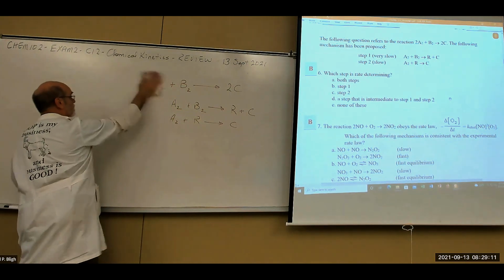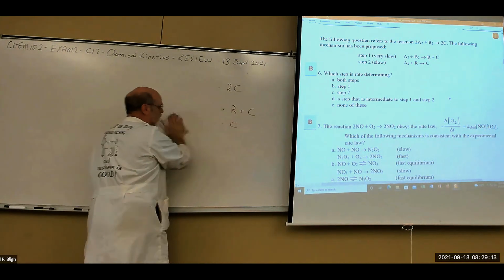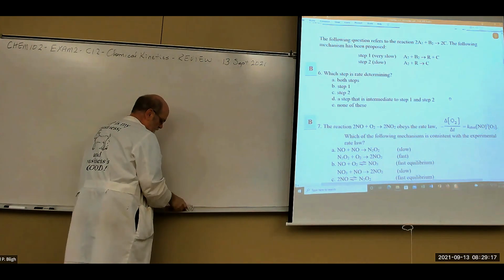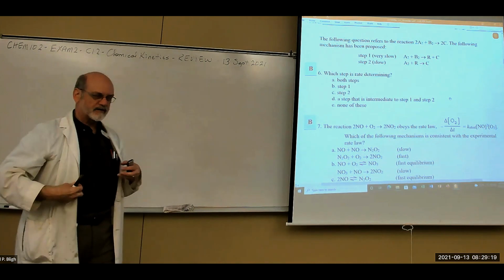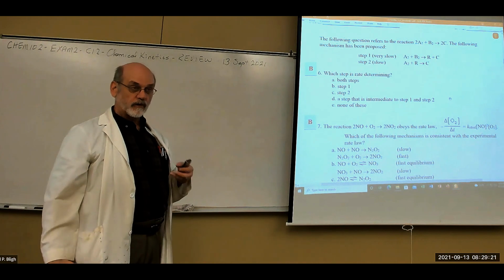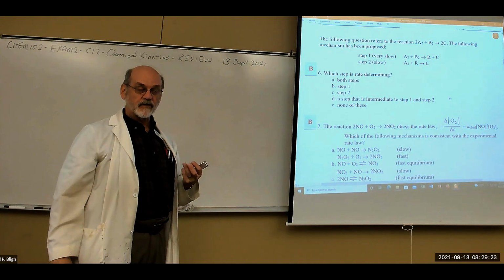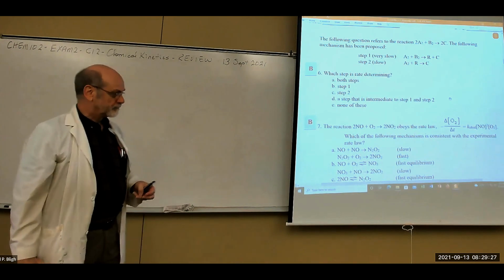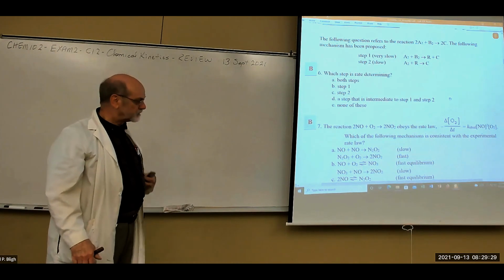And that's one of the factors that you use to decide whether your mechanism is valid. You write the rate law from your mechanism and see if it agrees with the experimentally determined rate law. That's one of the things you do.